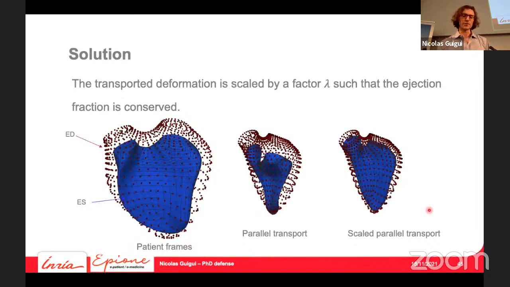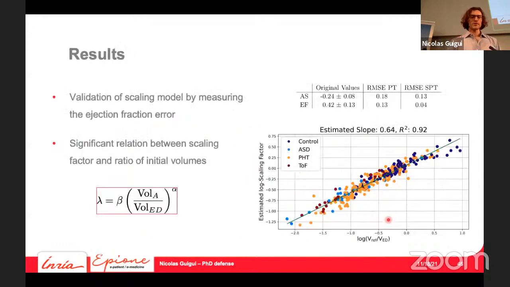As you can see here on the right, with the same example as before, the shape is much more realistic, and it has the same ejection fraction, which is a simple and reliable indicator of cardiac function, so that these frames can be used in a later analysis. More quantitatively, we validate the scaling model by measuring the root mean squared error of the ejection fraction error.